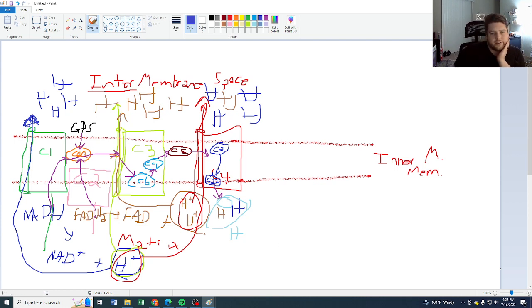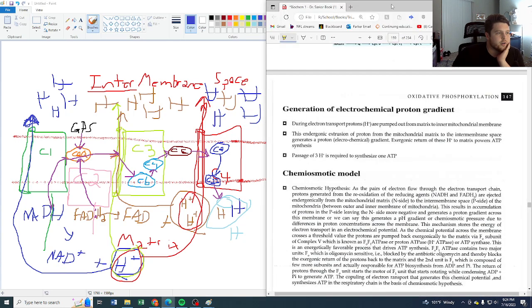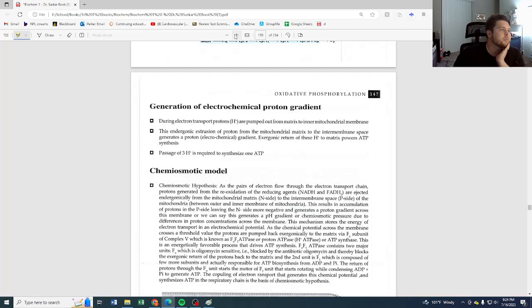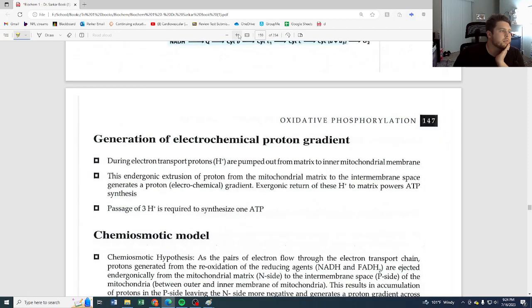And finally is going to come our payoff for all of that work. So now we've officially created that generation of electrochemical proton gradient.